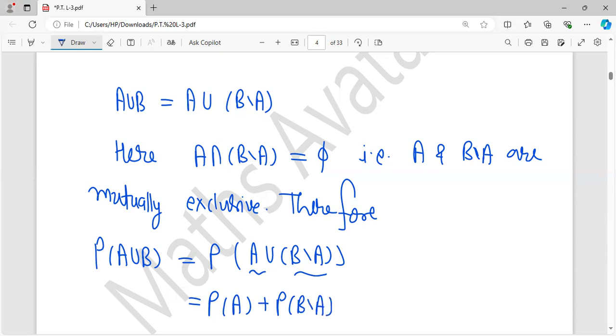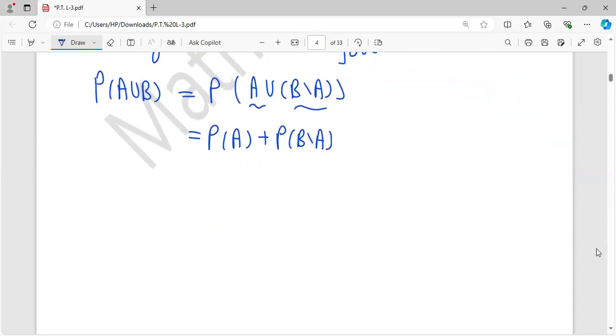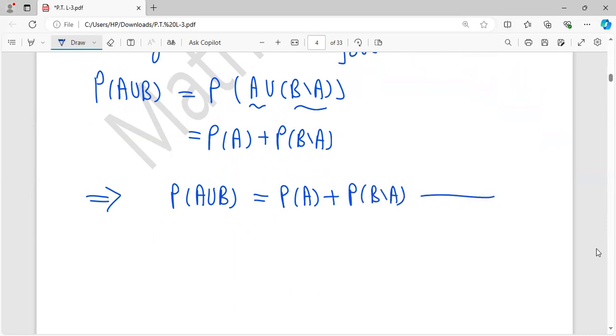Okay. So what we got actually? We got probability of A union B is equal to probability of A plus probability of set B minus A. Let's say this is equation number 1.